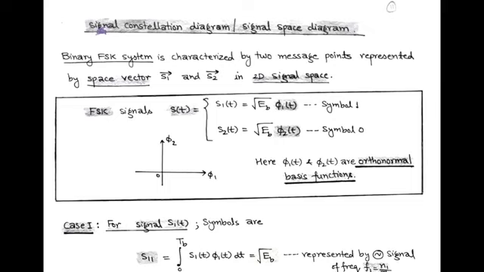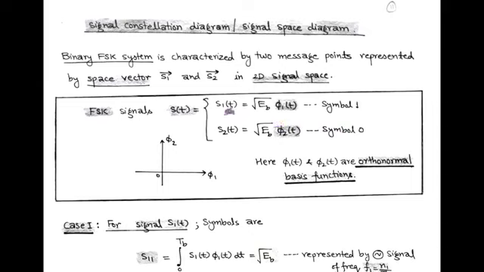Next, we are going to discuss the signal constellation diagram or signal space diagram of frequency shift keying. Since the binary FSK is based on two orthonormal basis functions phi1(t) and phi2(t), mutually perpendicular to each other, its expression is S1(t) equals square root of EB phi1(t) for symbol 1 and S2(t) equals square root of EB phi2(t) for symbol 0.